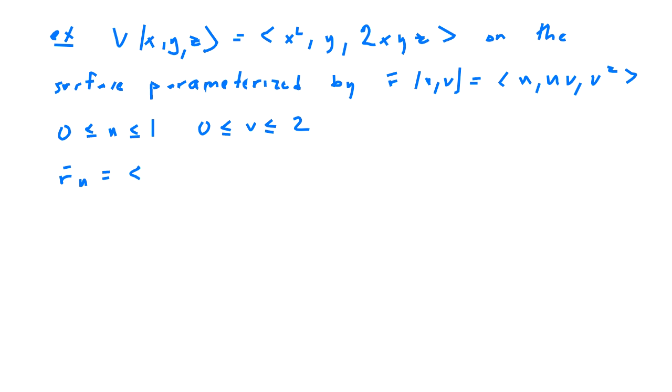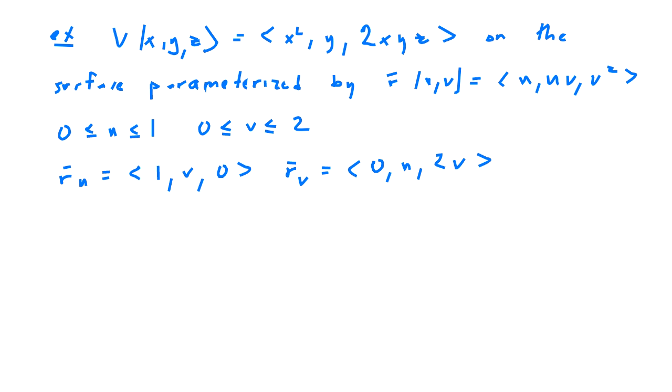The derivative of r with respect to u is 1, v, and 0. The derivative with respect to v is 0, u, and 2v.